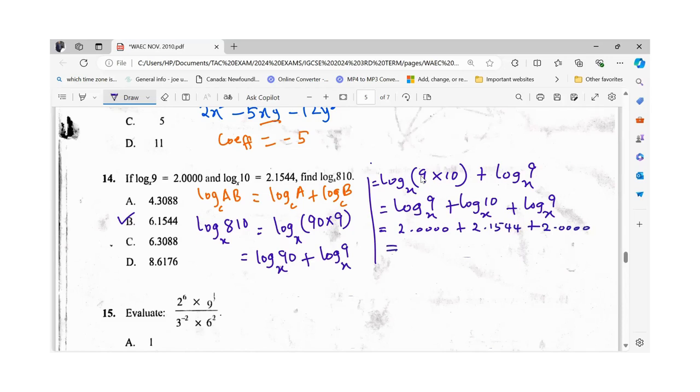This altogether will give us 6.1544. That is why we mark this option B as the correct option.